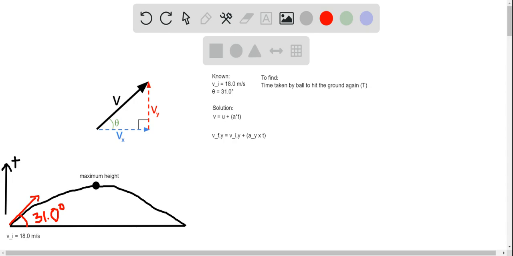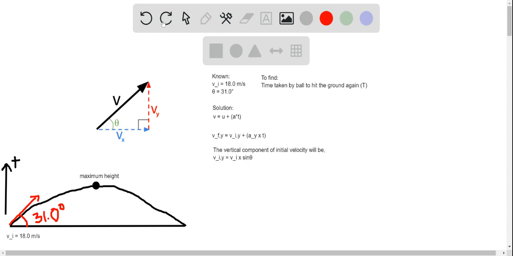In this case, we are only interested in the vertical component, since the vertical component of velocity is the only thing that is governing this equation, in order to find out how long it would take for the ball to reach maximum height.